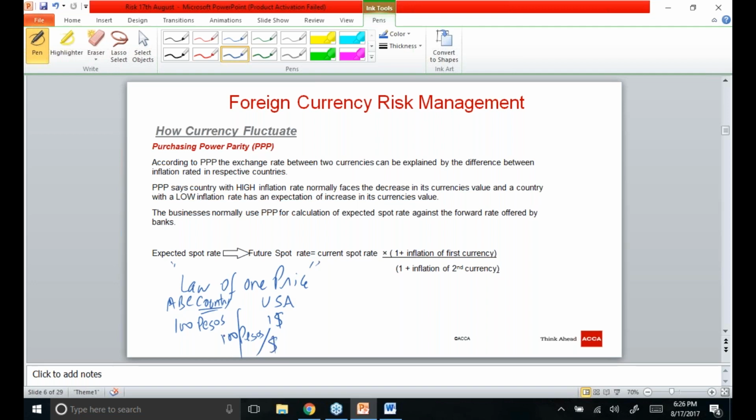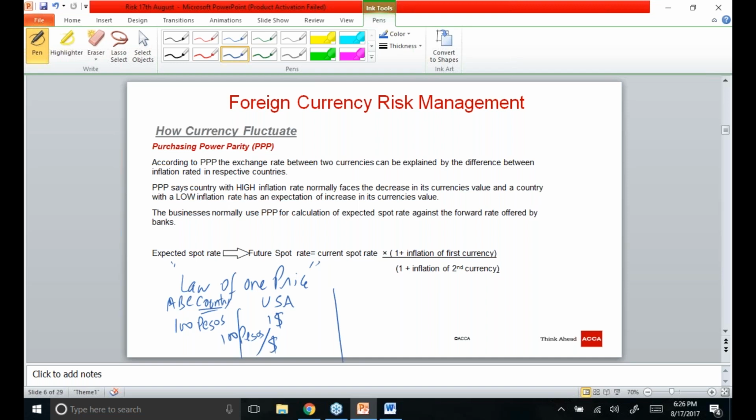If you buy that commodity in ABC country by spending 100 pesos, or buy $1 and buy that commodity in the USA, the price will be the same. There will be no price differences.